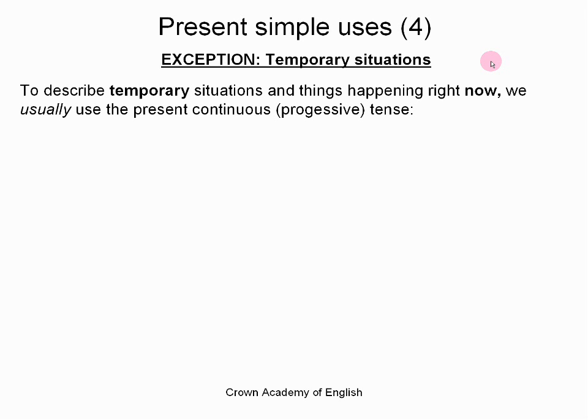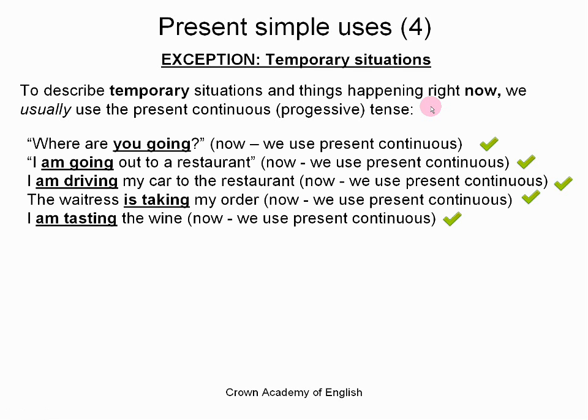So, this is what I've just been saying. To describe temporary situations and things happening right now, we usually use the present continuous tense. So, let's have a look at that example. If we wanted to ask someone right now where they are going, we would say, where are you going?